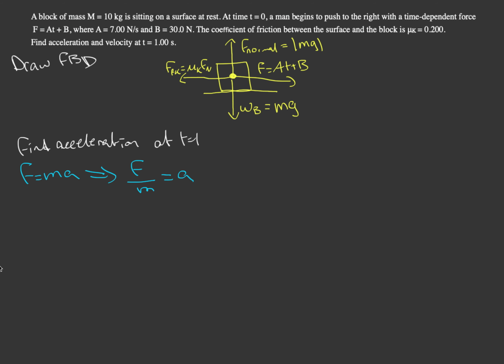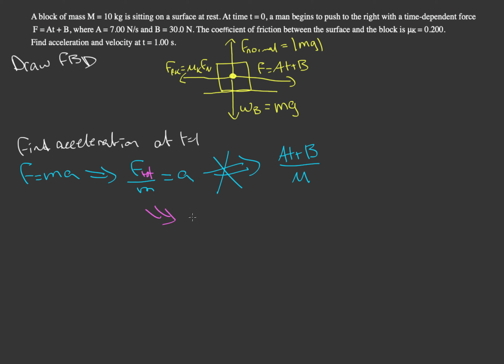Now, what you don't want to do is just say that this force is At plus B divided by the mass that we have. This is because we have a coefficient of friction working on the box. The surface is not frictionless. So what you actually have to do is use the total amount of force.